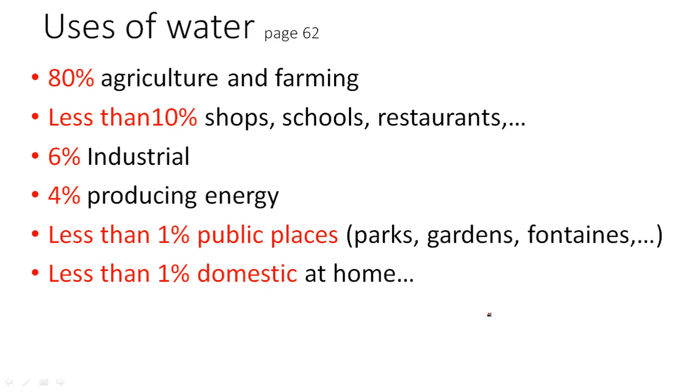So just a little part of this water is available, and also it is not well distributed. Not all parts of the planet have the same quantity of fresh water with quality to be used. So that's a problem for human beings.